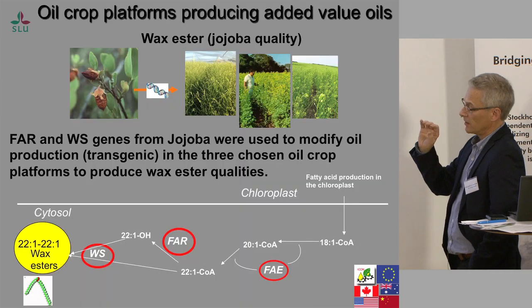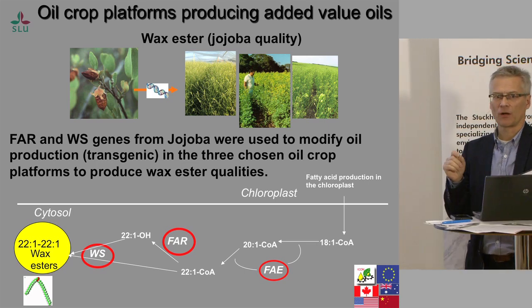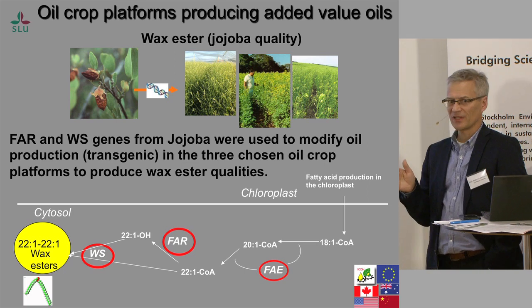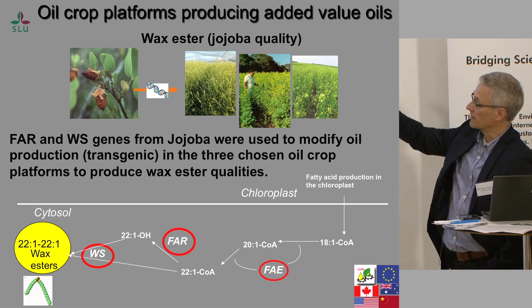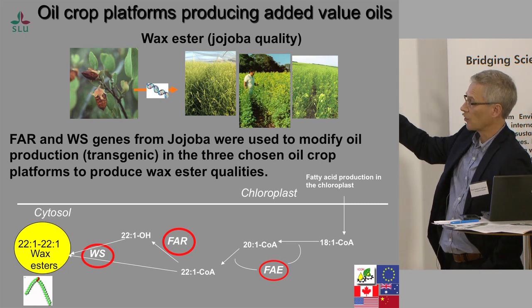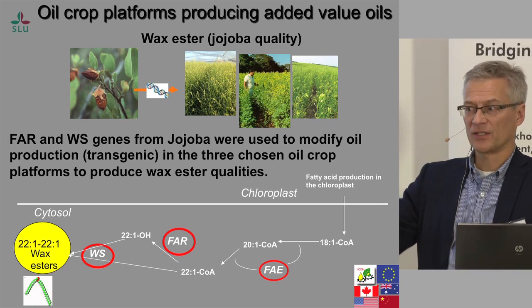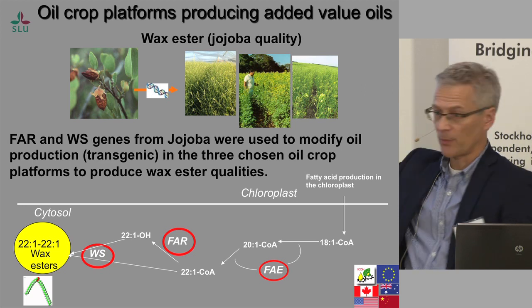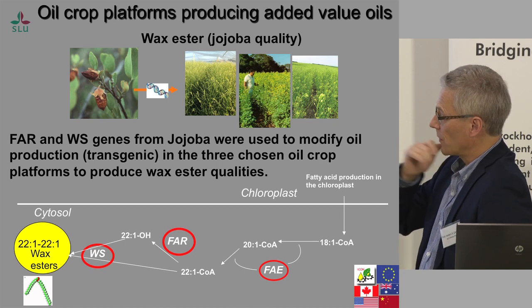And the technical engineering of the plants was in a way pretty straightforward. This is showing that in these three different oil crops, the same kind of engineering, adding of additional genes critical for changing the pathway or changing the production of the oil, was done.